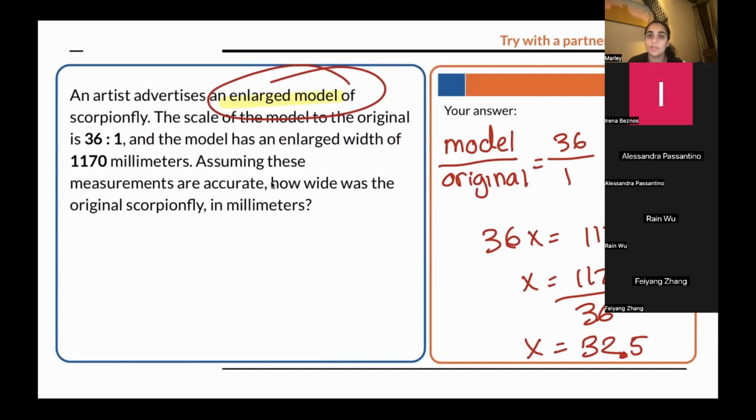But in this situation, we're looking for the smaller original. And usually we think of models as smaller, so it's important to see that it's a blown up model of the original. Make sure I'm not missing any questions in the chat.